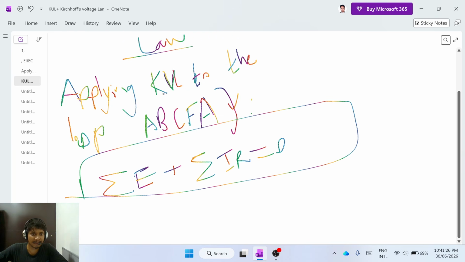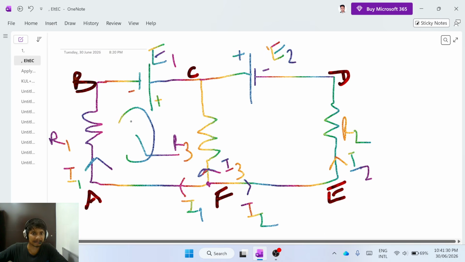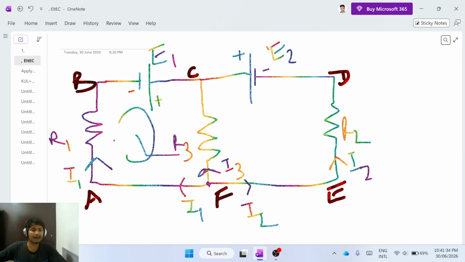Now we are applying KVL to the loop ABCFA, on the right side, the right cycle. Everything is okay.